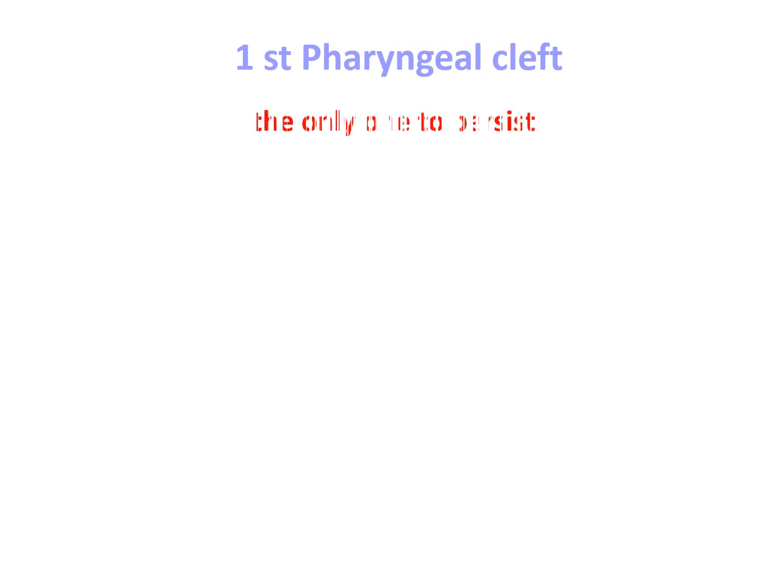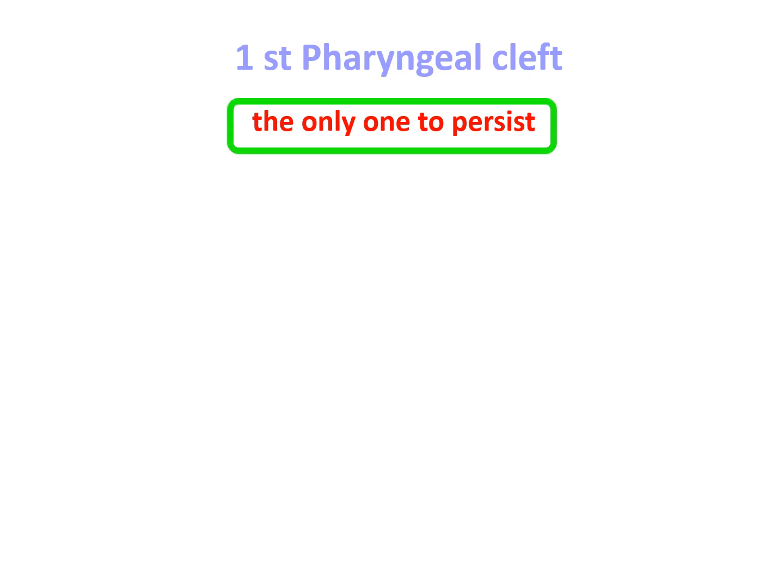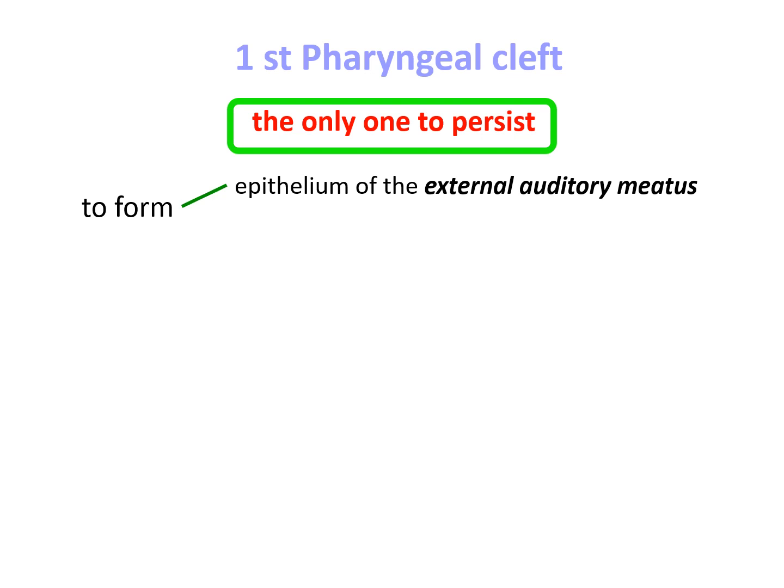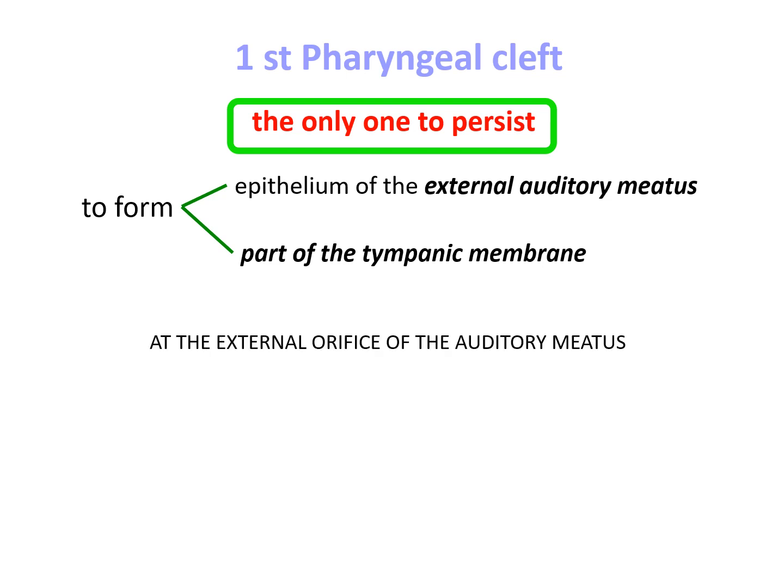Let us write down a few remarks about clefts and pouches. The first pharyngeal cleft is the only one to persist, and it is going to form the epithelium of the external auditory meatus and part of the tympanic membrane.